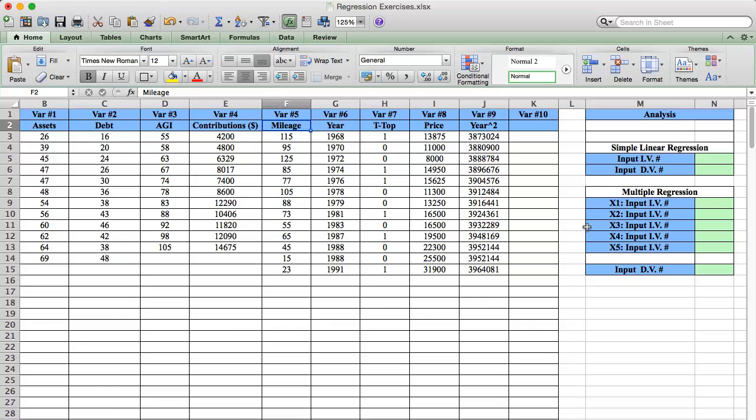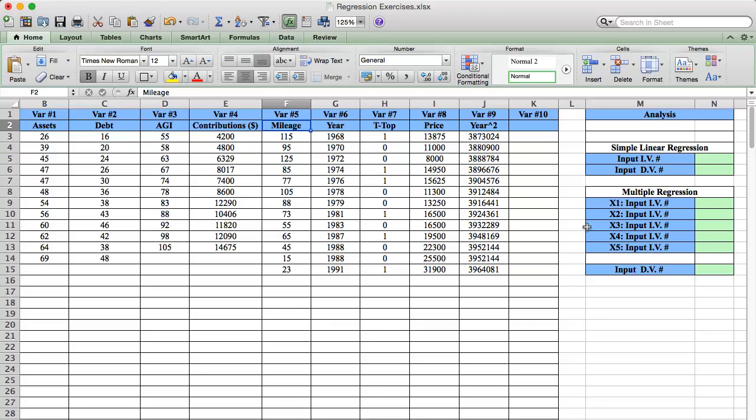So far, we're seeing that regression modeling has clear, useful application to business statistics because it allows us to apply some science to making predictions or estimates about an outcome or response variable, what we call the dependent variable, given something that we know, such as assets or AGI.